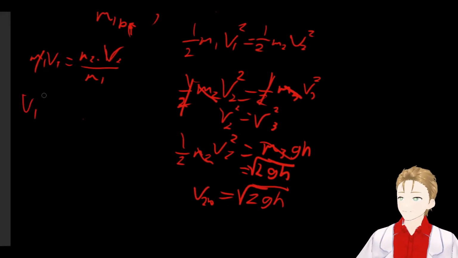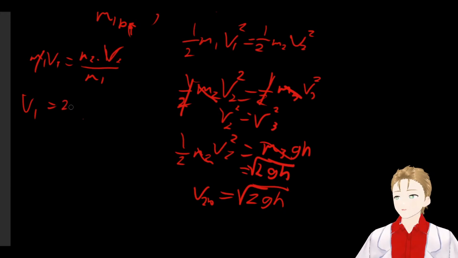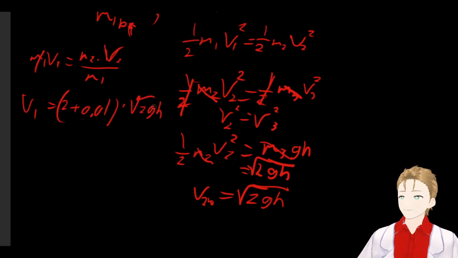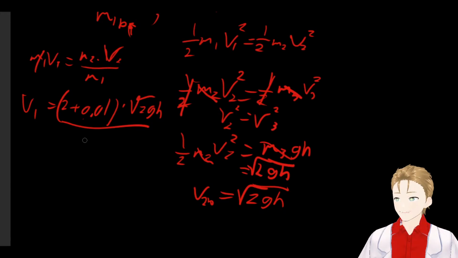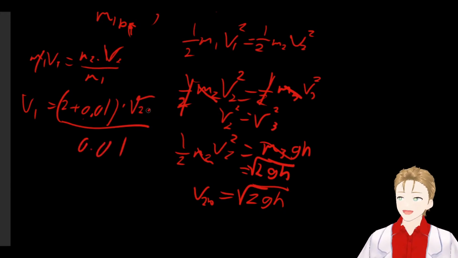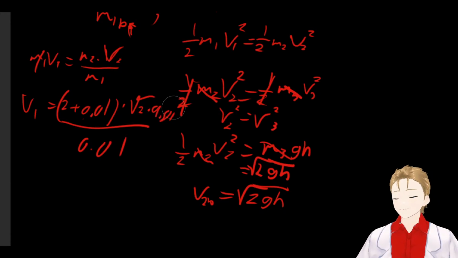So this is the bullet's initial velocity is the same as, well, it's 2.01 or 2 plus 0.01 times, well, square root of 2gh. A little bit 0.01. 2 times 9.81.